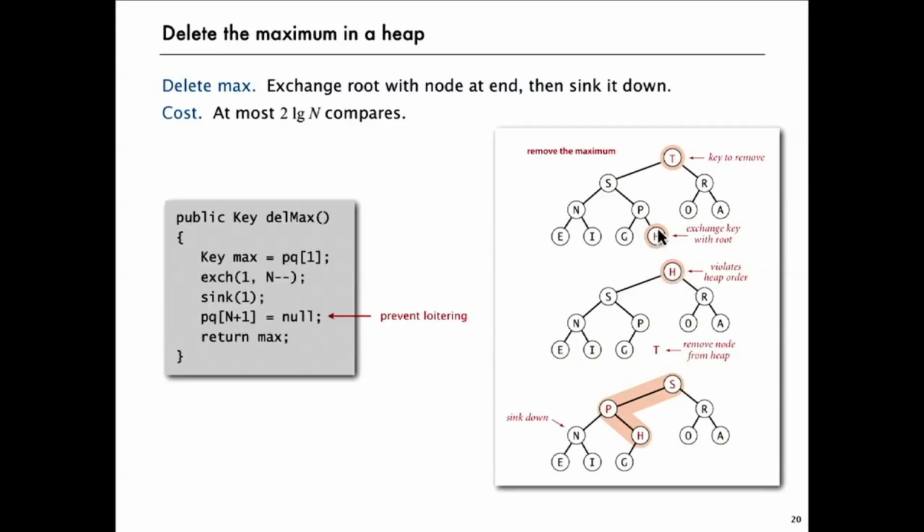So move the H up, and actually put the root value there, just exchange them, but it's no longer in the heap. Now, that element, which went from the bottom to the top, is most likely going to violate the heap order.